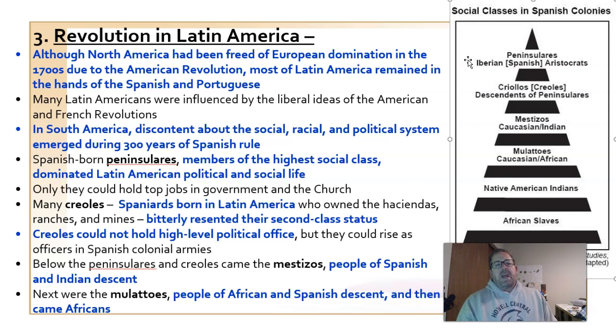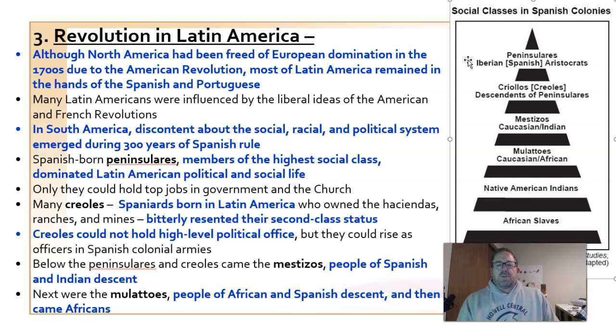They were considered second class citizens, and they didn't like that. They wanted more power and prestige in Latin American government. And so they were going to use the philosophes' ideas of the Enlightenment, and also what took place with the American Revolution and the French Revolution, and take those ideas and use them to their advantage.